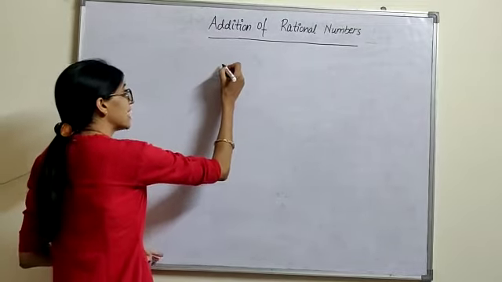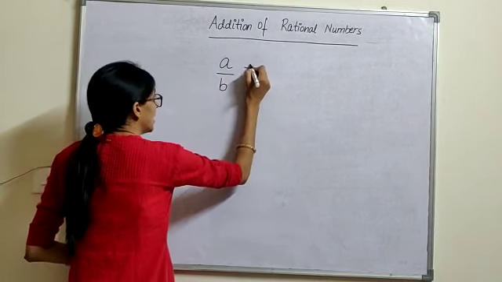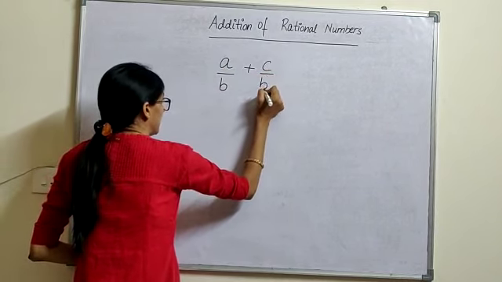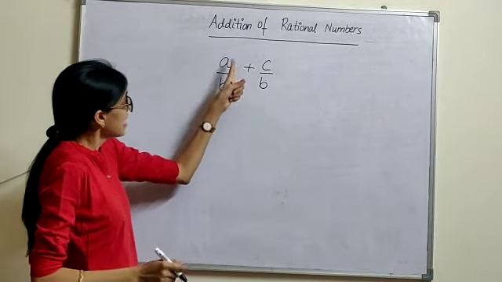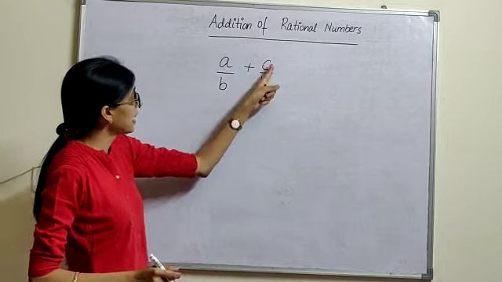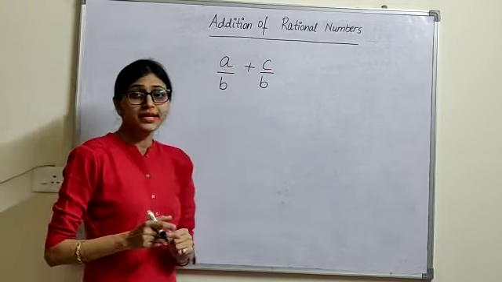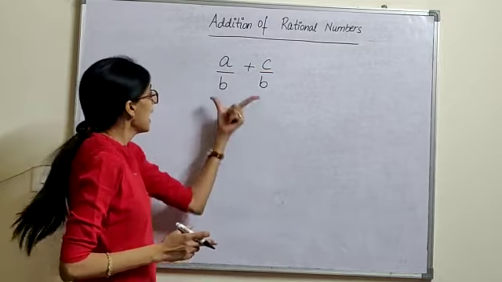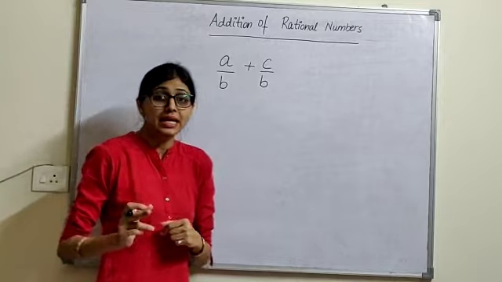Now suppose we have given two rational numbers a by b plus c by b. If you see carefully, the numerators of both the rational numbers are different and the denominators of both are the same.